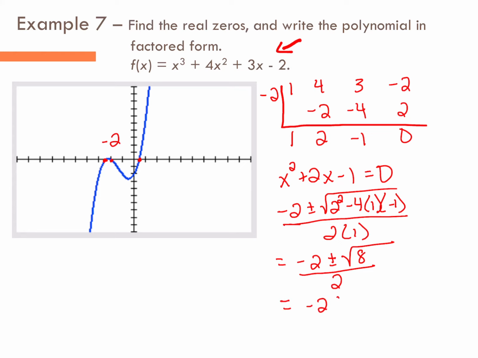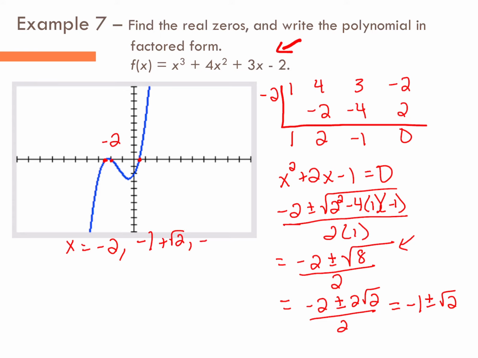So -2 plus or minus, if I simplify the square root of 8, that's 4 times 2, so 2 radical 2, all over 2. So again, we can divide those 2's out, so it'd be -1 plus or minus radical 2. So our zeros are -2, -1 plus radical 2, and -1 minus radical 2.